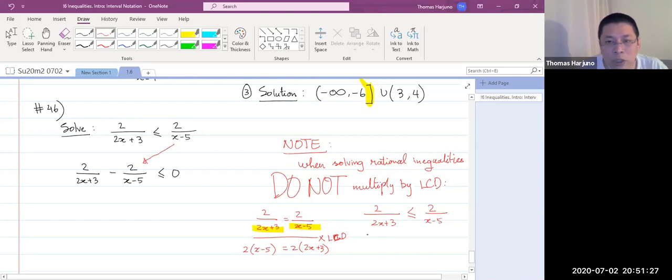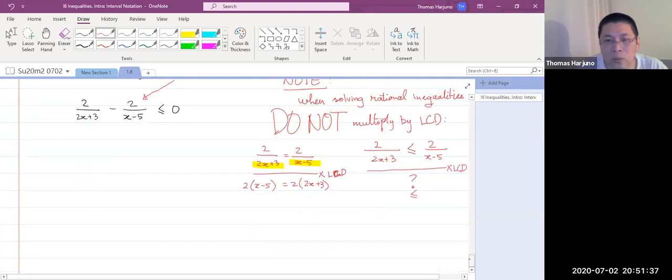When you multiply by the LCD, then we have an issue with the sign. Will it stay the same or will it be reversed?